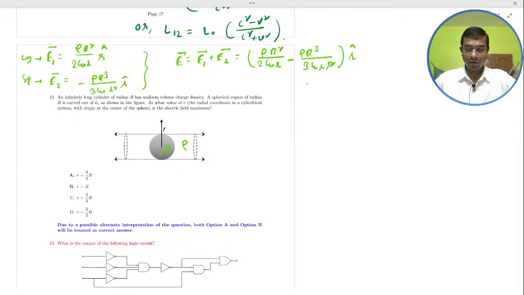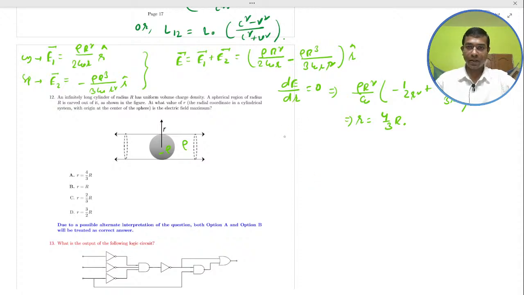For the maximum value of E, the mathematical condition is dE/dr equal to 0. Take the derivative and set it to 0; rho r square by epsilon naught is constant outside. So 1 by 2 r square plus twice r by 3 r cube gives the value r equal to 4/3 r.